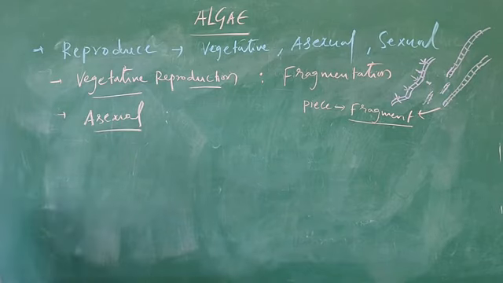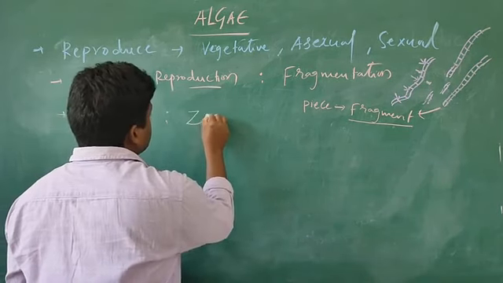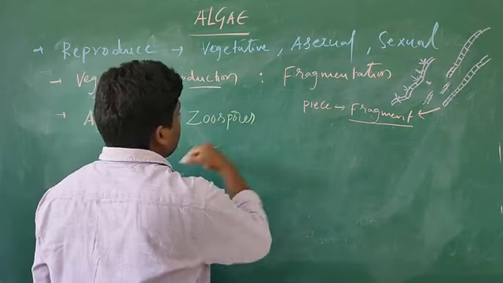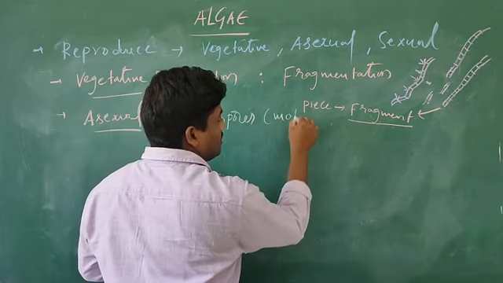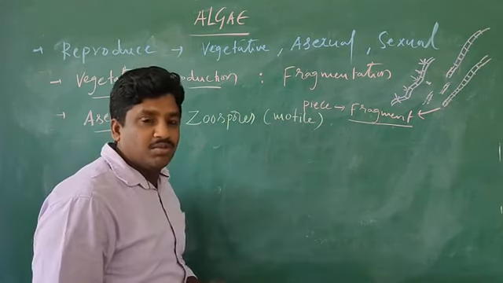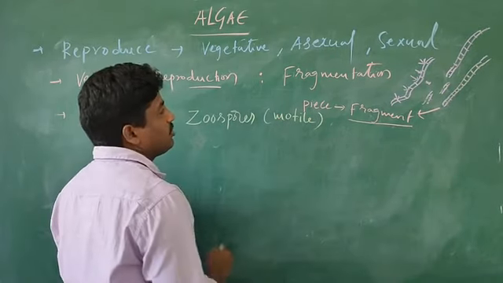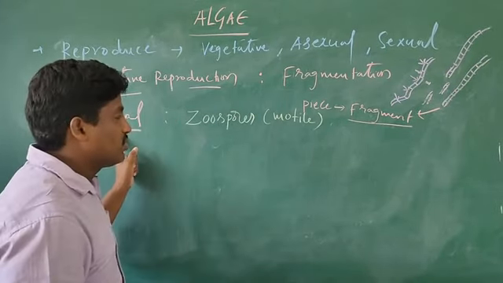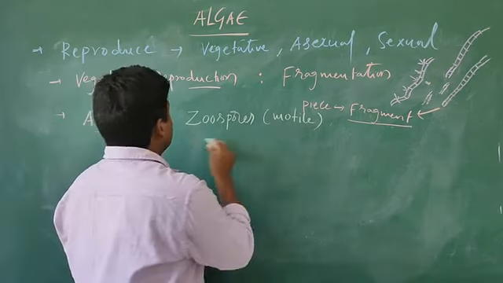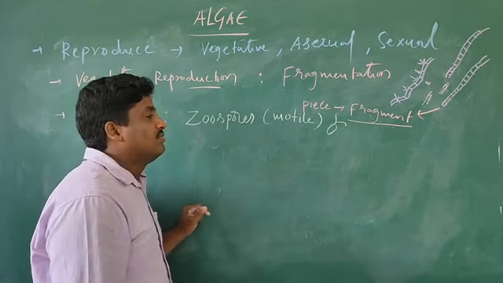Asexual reproduction is by the formation of zoospores. They are motile. Motile means movement, movable. Zoospores are formed through the process of asexual reproduction. Like this, these are the zoospores.